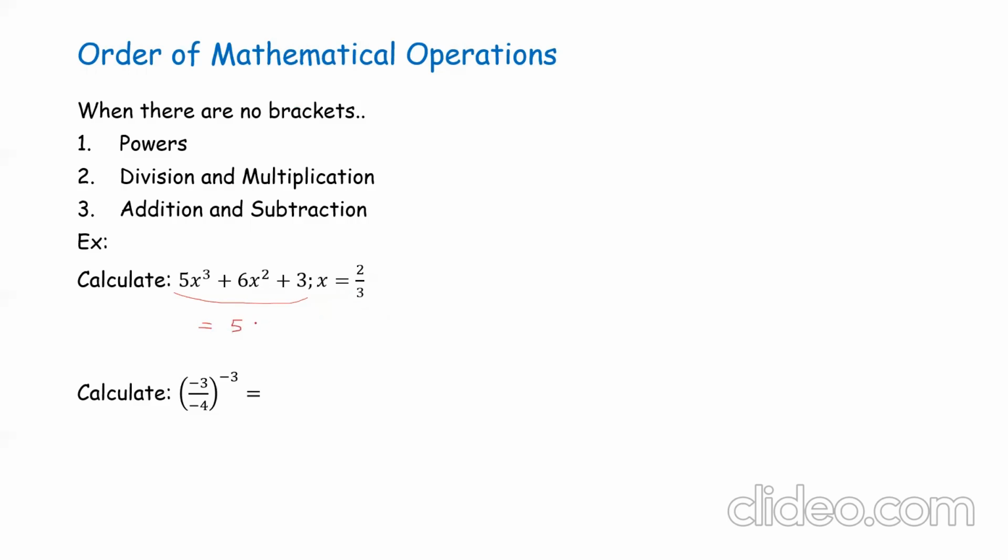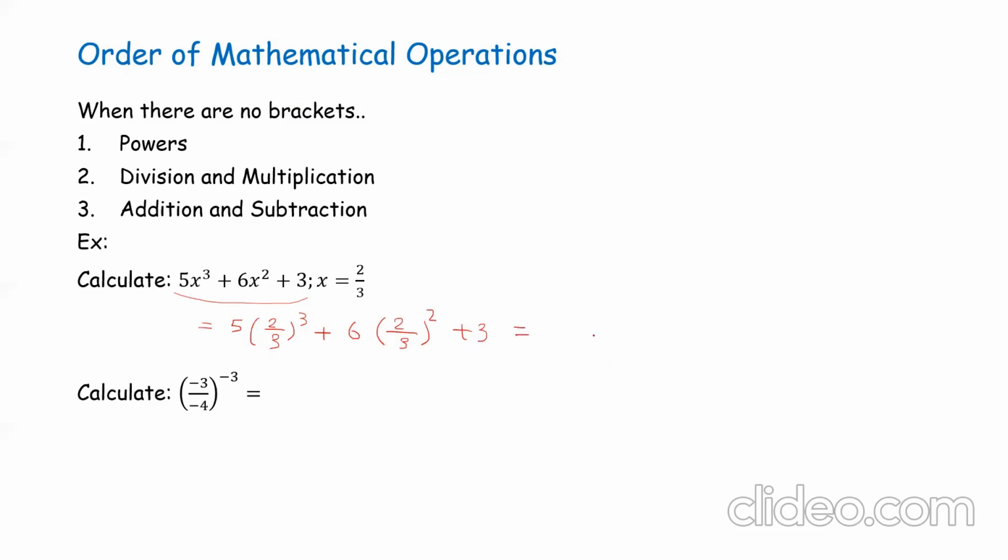So here, 5 multiplied by (2 over 3) to the power of 3 plus 6 multiplied by x squared. So x here is equal to 2 over 3 squared. And finally, we have plus 3.